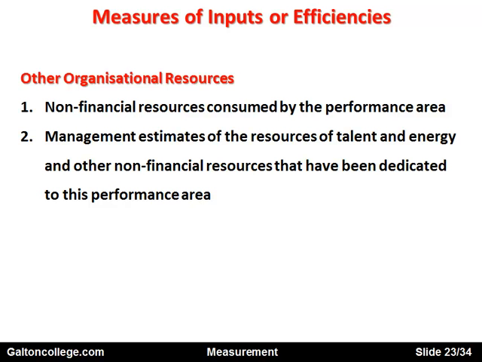So they need to estimate how much workforce talent is dedicated to an area, how much energy has gone into this particular area. Try to work out what the other organizational resources that are sapped up because of the production of this particular product are. Because the product should pay for those. It should be reflected in the price of the product.